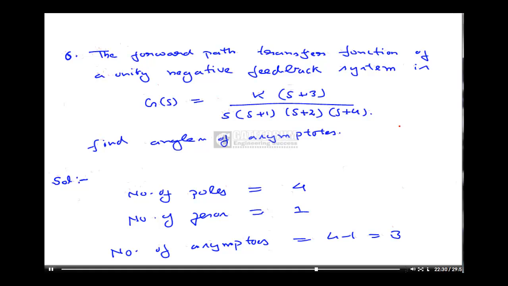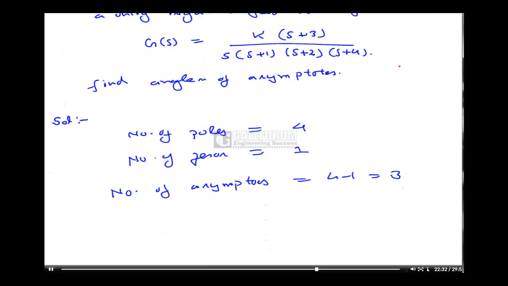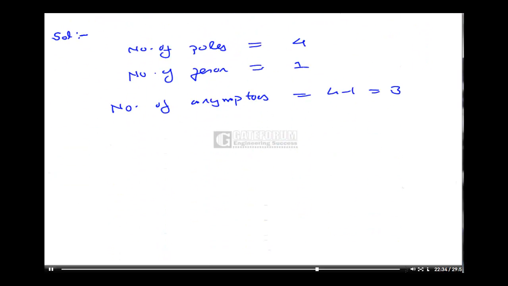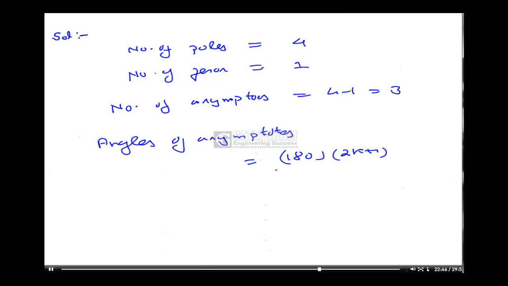So for the angle of asymptotes, theta equals 180 times (2k plus 1) upon 3. That means 60 times (2k plus 1). The k value can be 0, 1 and 2.